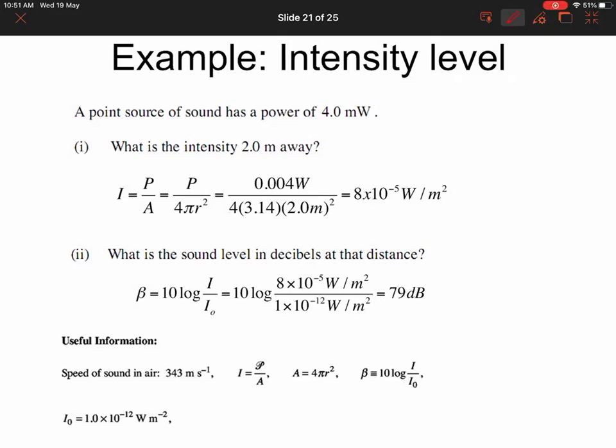When I say constant, I mean it's the same number that we will use in the calculation. You divide 8 times 10 to the minus 5 by 1 times 10 to the minus 12, get the log of that and then multiply by 10. You should get 79 decibels. So at this stage in this question, there was no rearranging required yet for manipulating the logarithm.